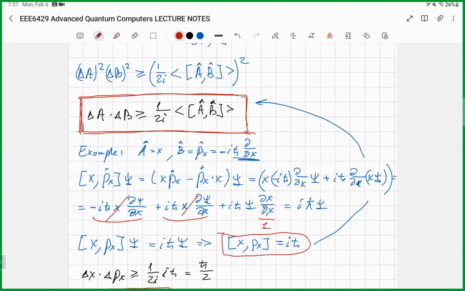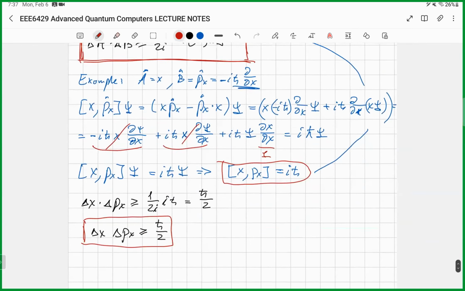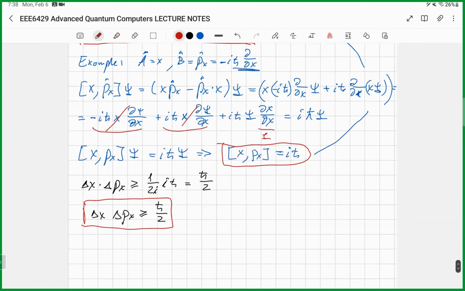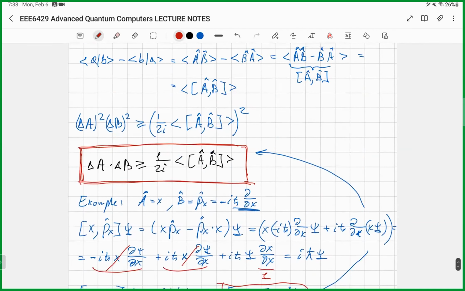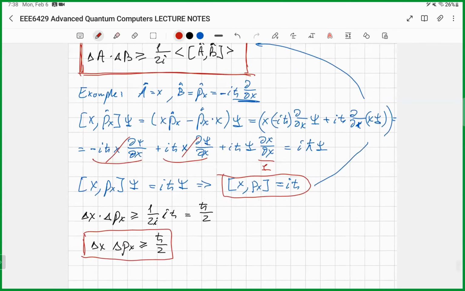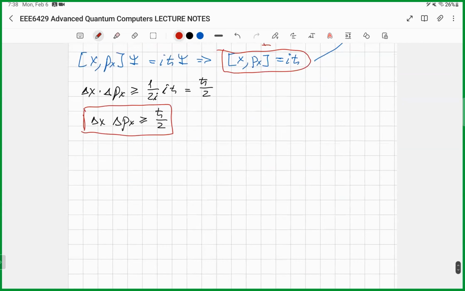If the operators commute, like for example x and Py, as we discussed, then the commutator is equal to 0, and the uncertainty relation says that you can measure the two quantities simultaneously in one act of measurement.